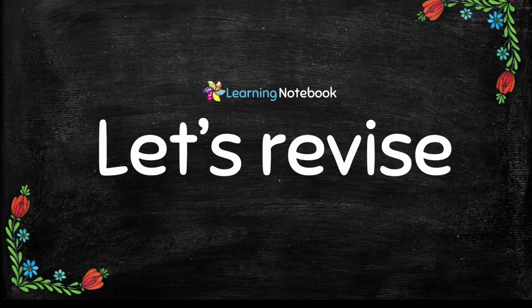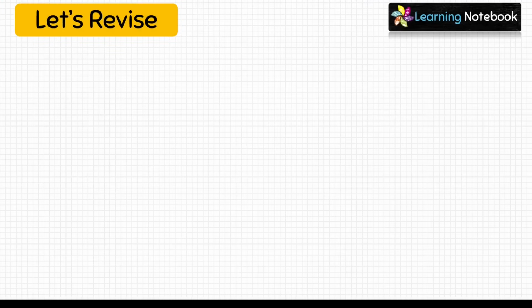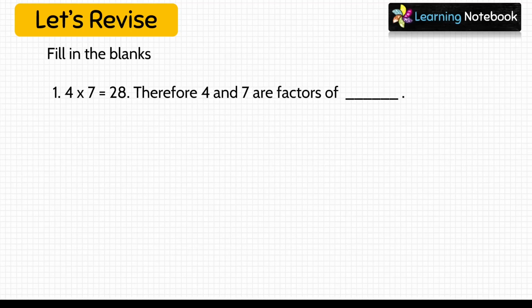Now let's revise properties of factors with the help of an exercise. Fill in the blanks. First question is 4 multiplied by 7 equals 28. Therefore, 4 and 7 are factors of dash.